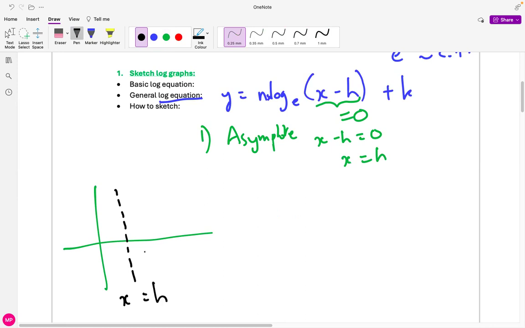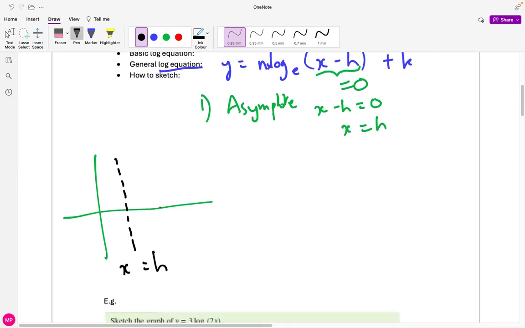Now, if you didn't have any reflection, so you have the positive in front of the log here, and also the positive in front of the x, so positive log a and then positive x, your shape is just the most basic one. It goes like that. There's no reflection, right?